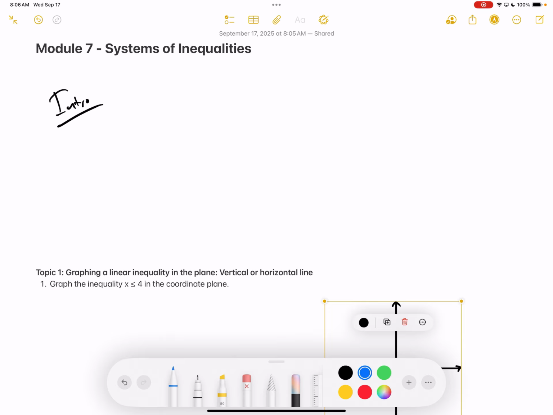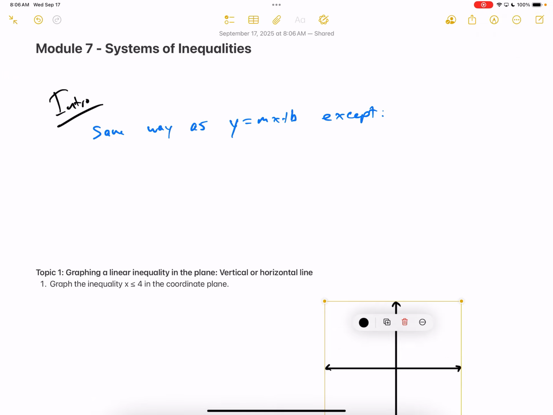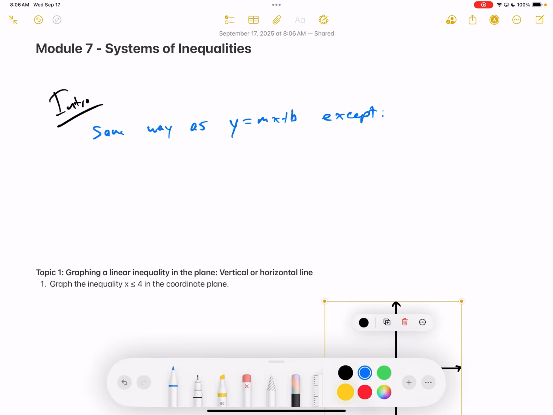So first of all, going through graphing linear inequalities, they work the same way as graphing y equals mx plus b, except there are two different things that you have to do. The first one is if it's less than or greater than, you use a dotted or dashed line.